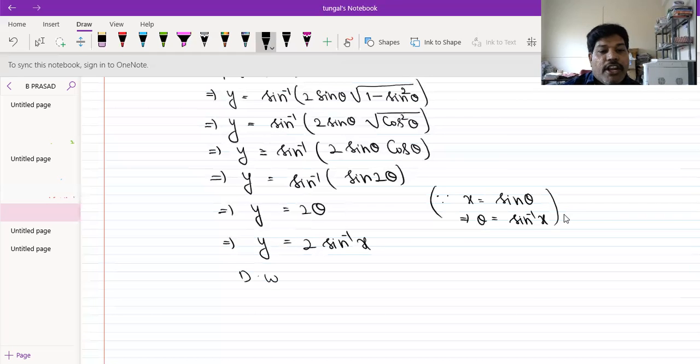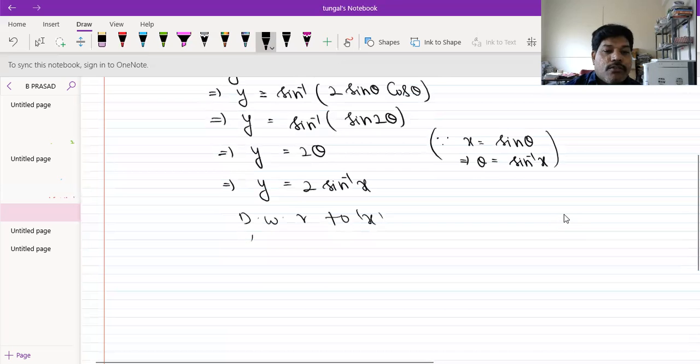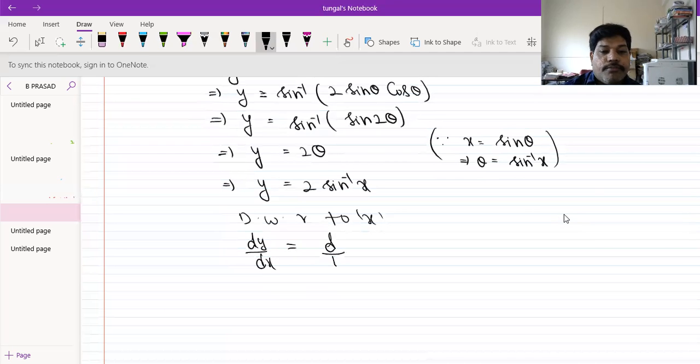So differentiate with respect to x. What happens? dy by dx is equal to the derivative of 2 sine inverse x.